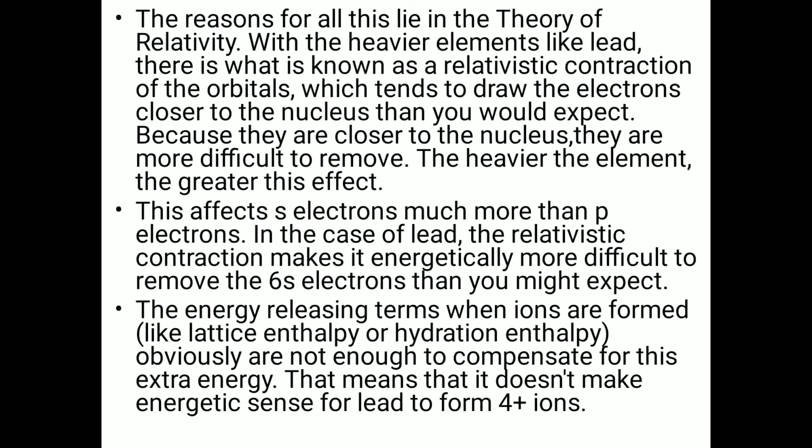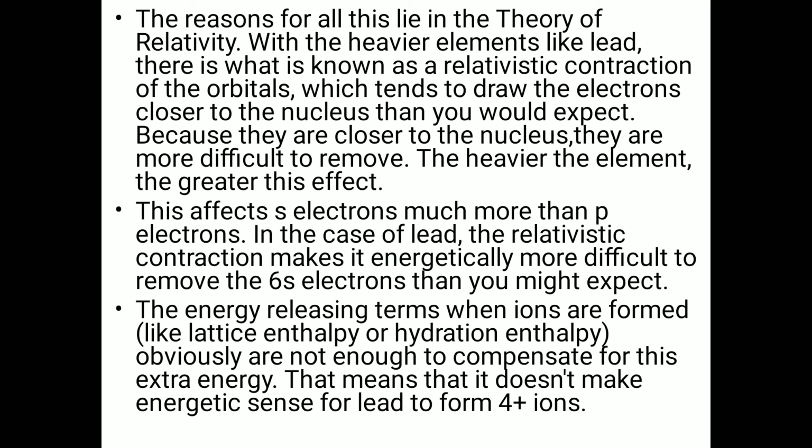The reason for all this lies in the theory of relativity. With a heavier element like lead, there is what is known as a relativistic contraction of the orbitals. You tend to draw the electrons closer to the nucleus than you would expect. Because they are closer to the nucleus, they are more difficult to remove. The heavier the element, the greater this effect.